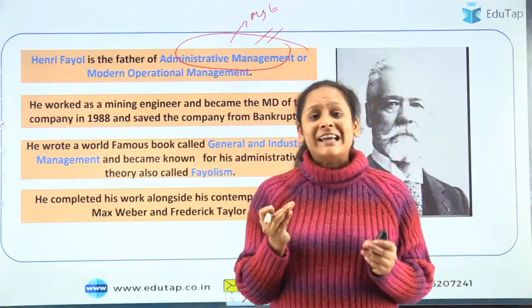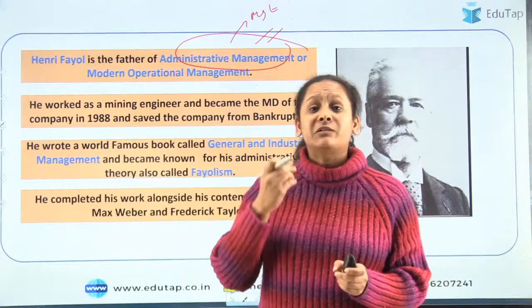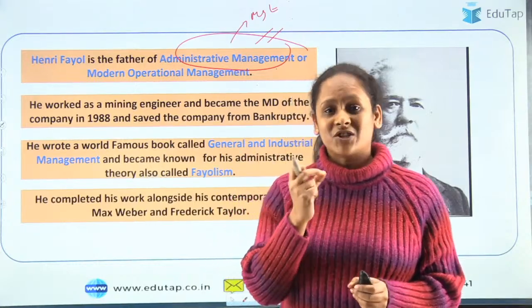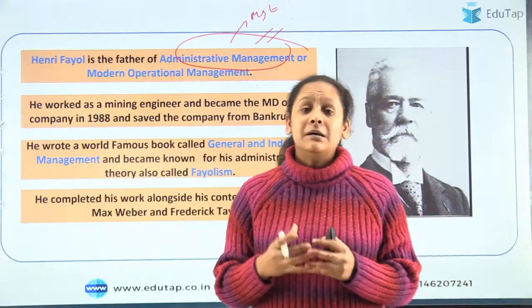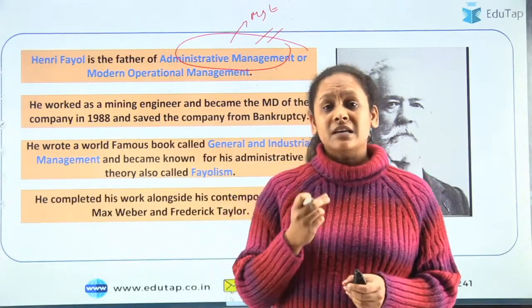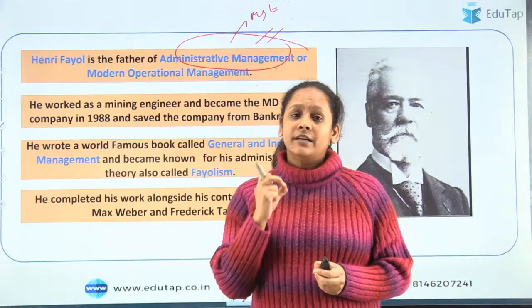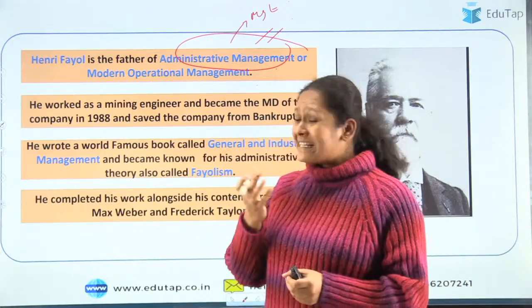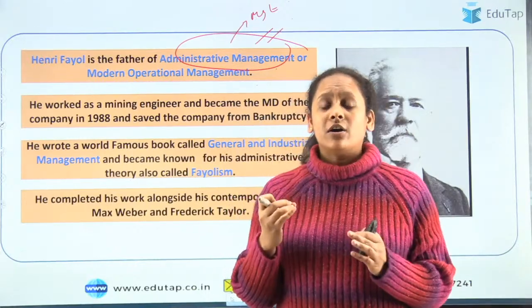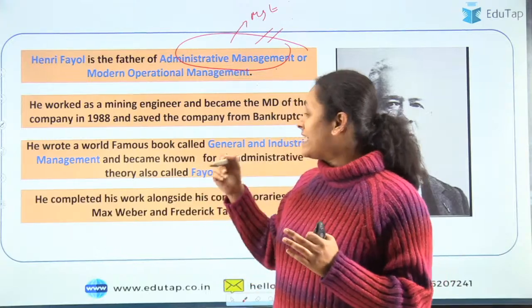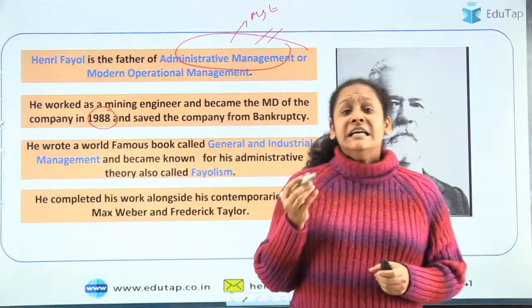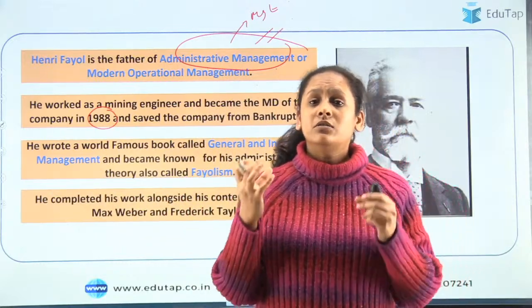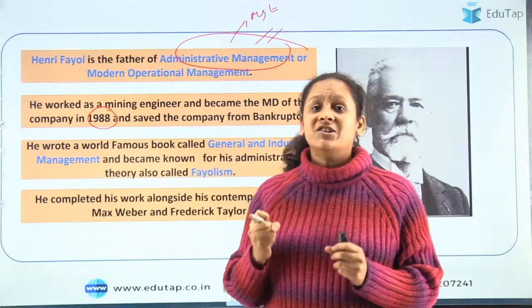So let us quickly understand a brief history of why Fayol came up with such a theory. Basically, Henry Fayol was a mining engineer in France. When he joined the organization around the 1960s, and eventually got promoted to the post of MD in 1988, his mining company was facing a heavy financial crisis.